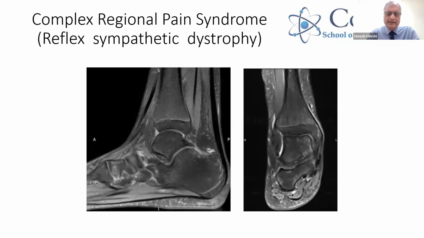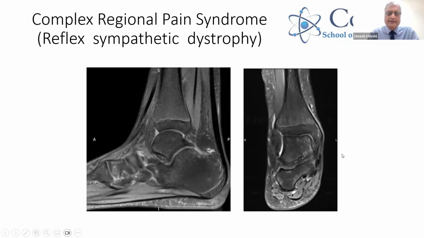This condition, you can see this rather spotty, patchy, increased signal on these fat suppressed images, and it's affecting all the bones. Look, there's calcaneum, talus, tibia, and in the midfoot also you've got some of this patchy, diffuse marrow edema.